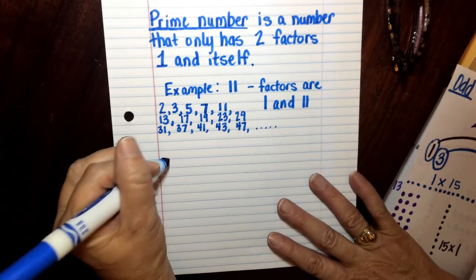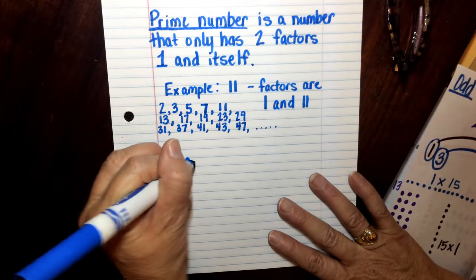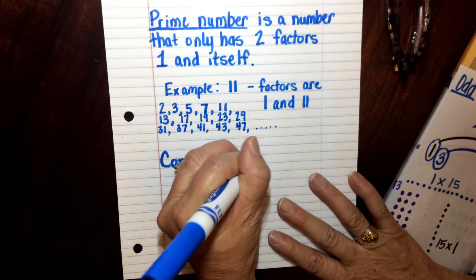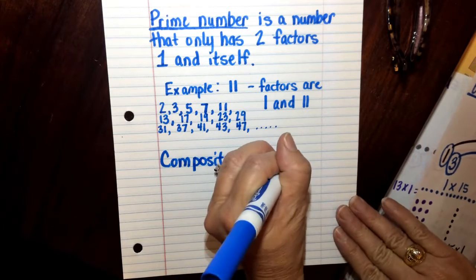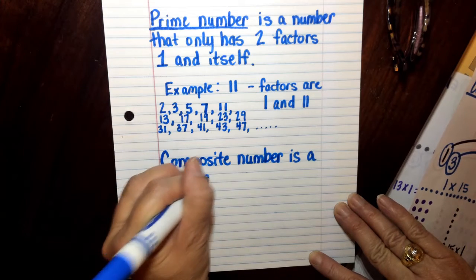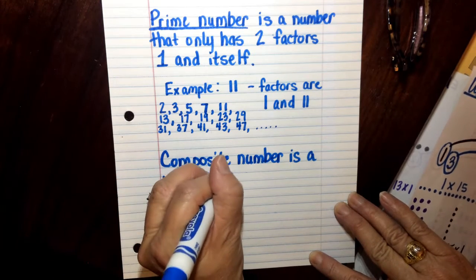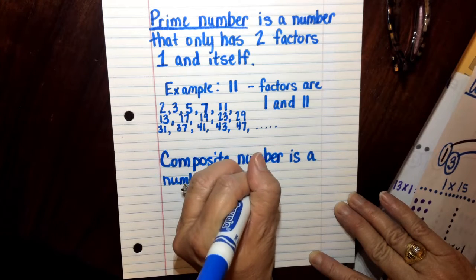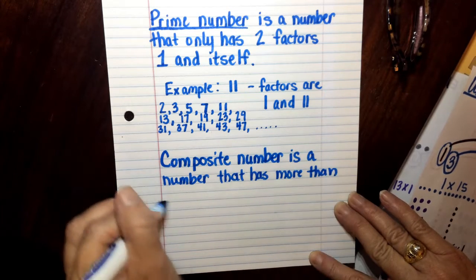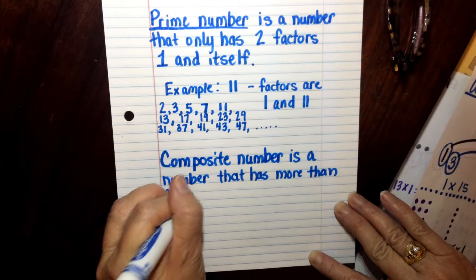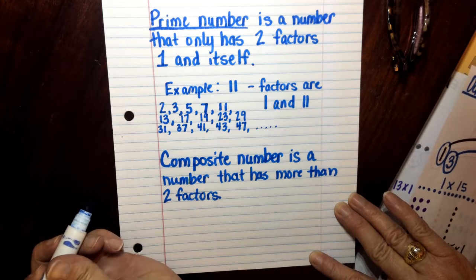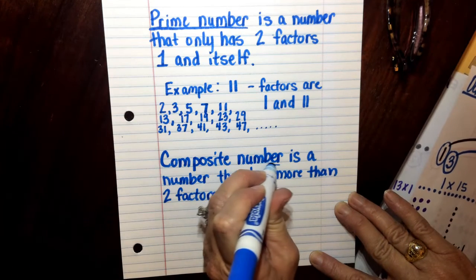So just so you know, a composite number is a number that has more than 2 factors. So a composite number is a number that has more than 2 factors.